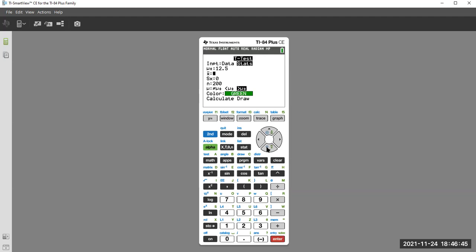My data said I had 13.2 units per semester with a standard deviation of 4.3 units per semester. We had a sample size of 200 again, I believe, yes. And this was a two-tailed test. So there's my p-value, 0.022352224, 0.0224.